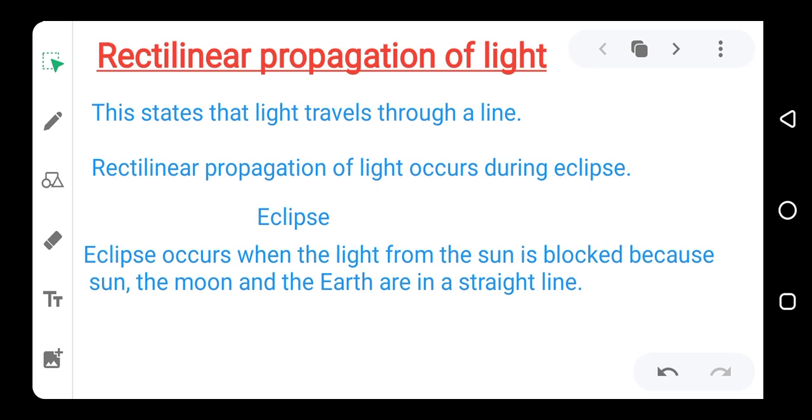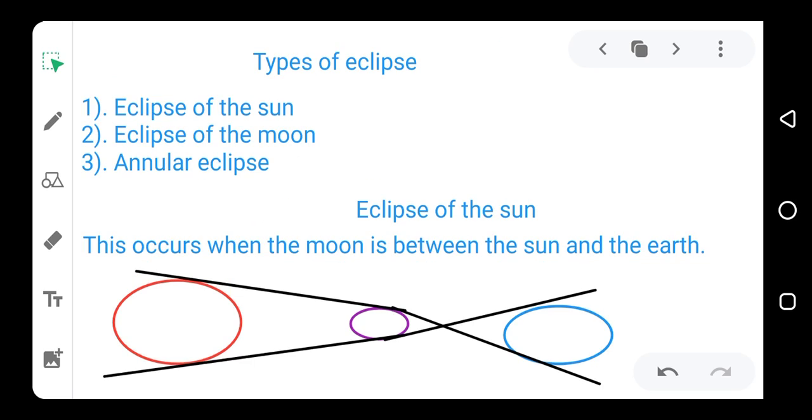We have three major types of eclipses. We have eclipse of the sun, we have eclipse of the moon, and we have the one we call annular eclipse.